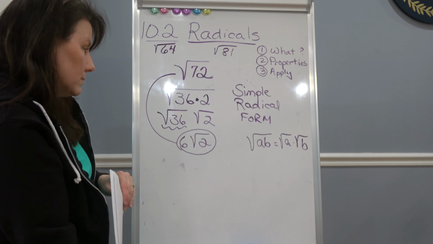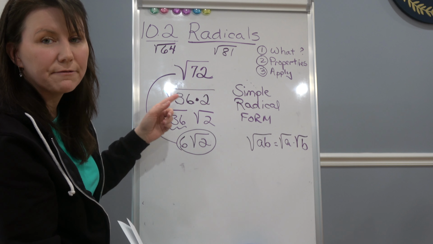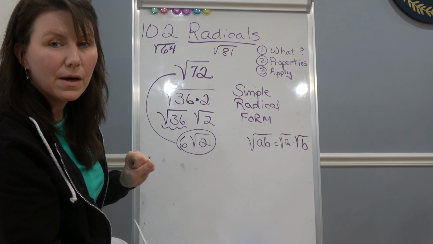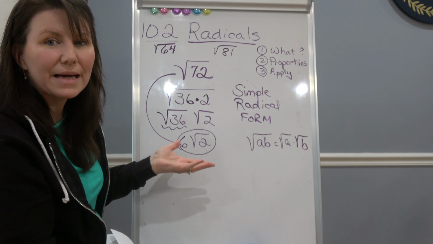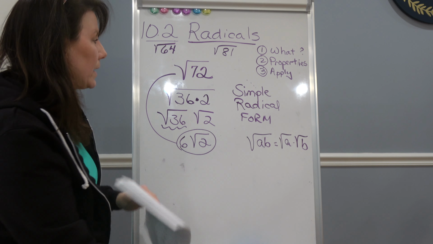Now that's great if you can identify the perfect square that is a factor of the number you're trying to take the square root of. But we really don't always know that. So there's another way to do it.